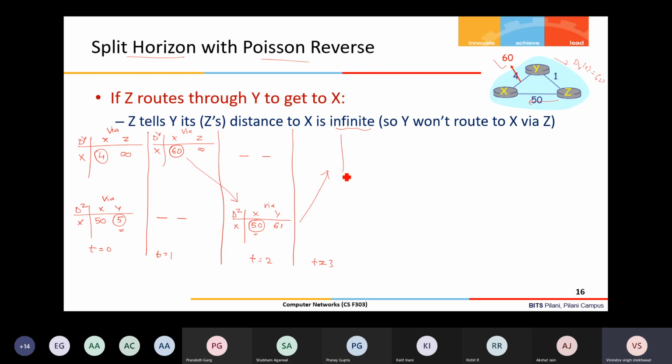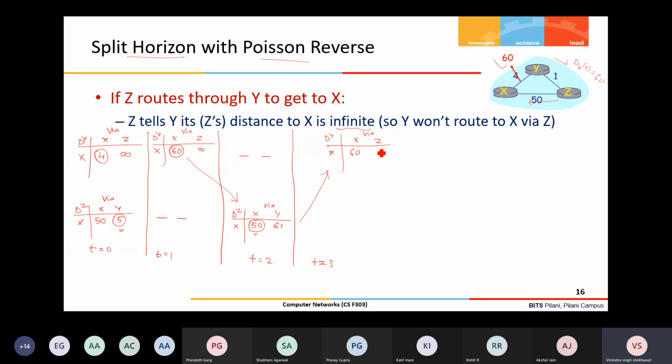So the correct value it will tell. Then what happened at y, and this is the x cost, which is already 60. Direct cost is 60, and now z is saying, okay, my cost to x is 50. So y knows that its cost to z is 1, so it will be 51.